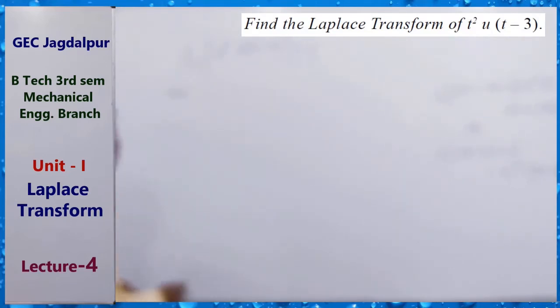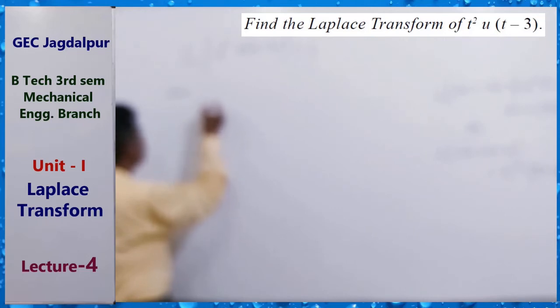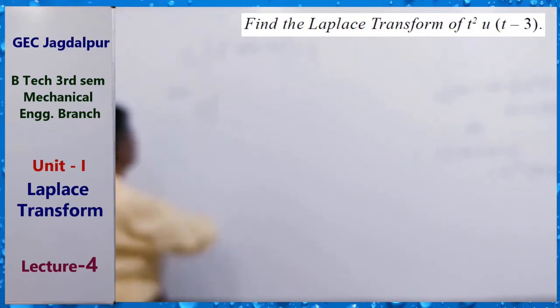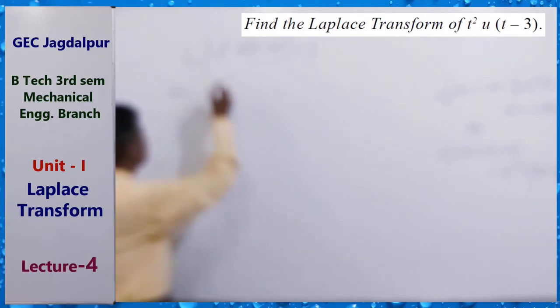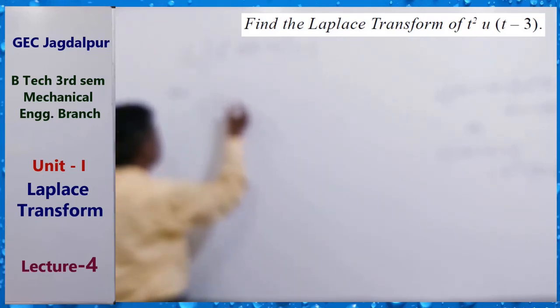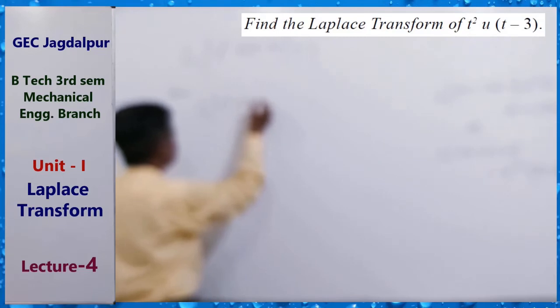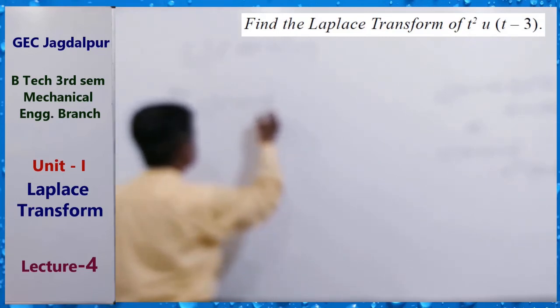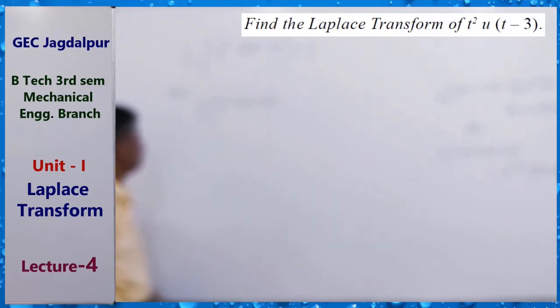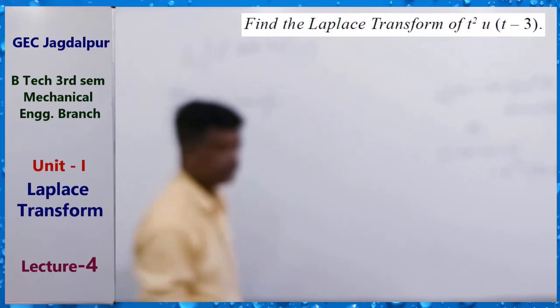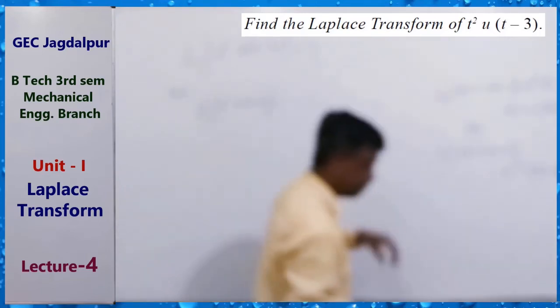Here, the Laplace transform of t square u(t minus 3) we can write by using this formula.